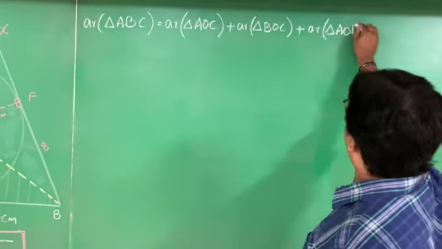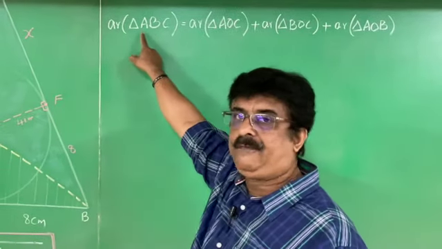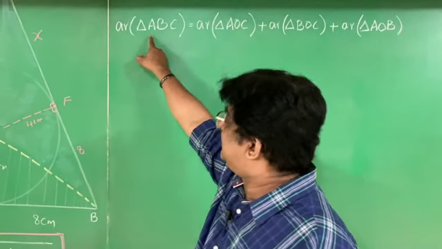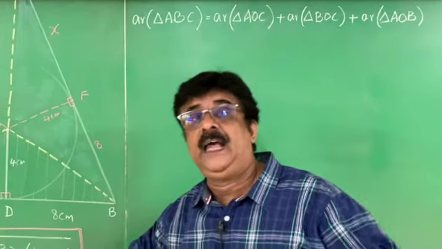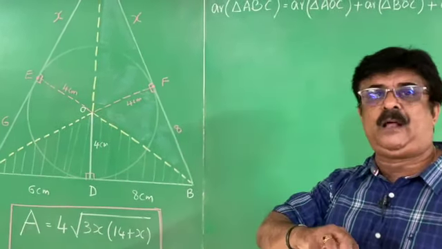If you find the area of these 3 triangles and add them, you get the area of triangle ABC. But this area is already calculated by which formula? Heron's formula. Now we are comparing Heron's formula and the regular formula of the triangle.